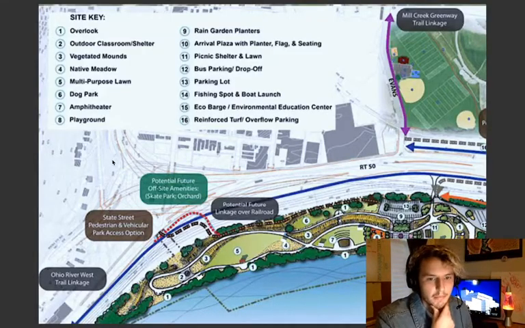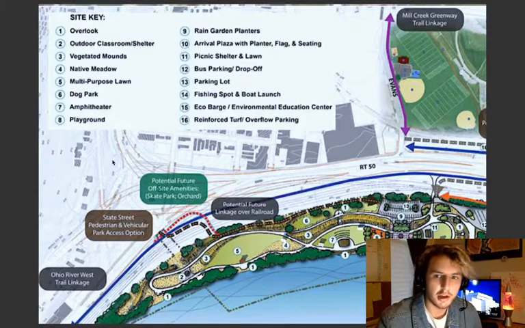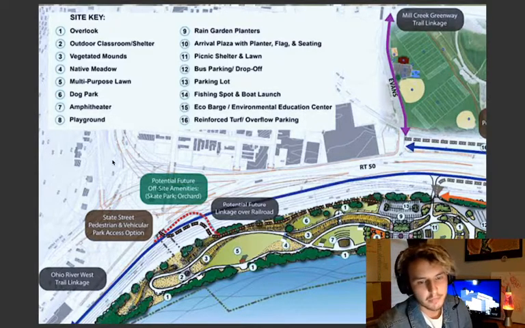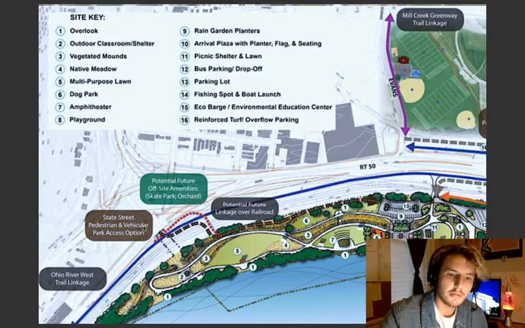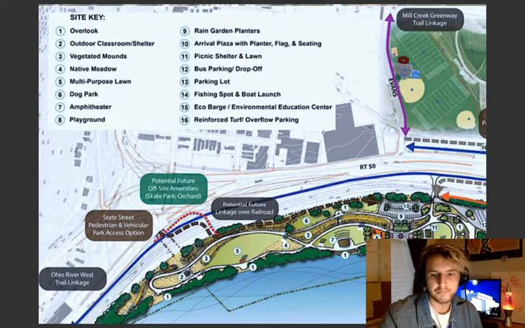So this is actually a master plan for the park done by Kuda Studios, which has been through planning and never really past a conceptual phase. But we can see here that they're trying to introduce a bike path, some parking, maybe a small amphitheater.